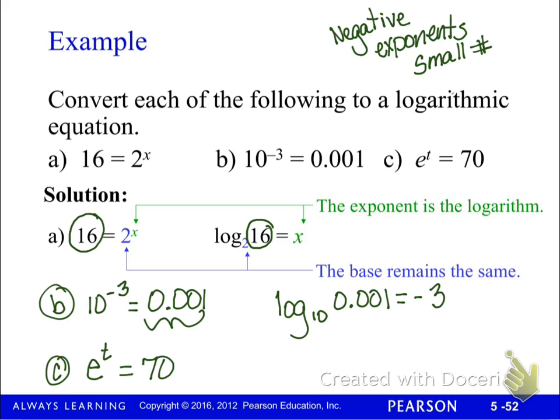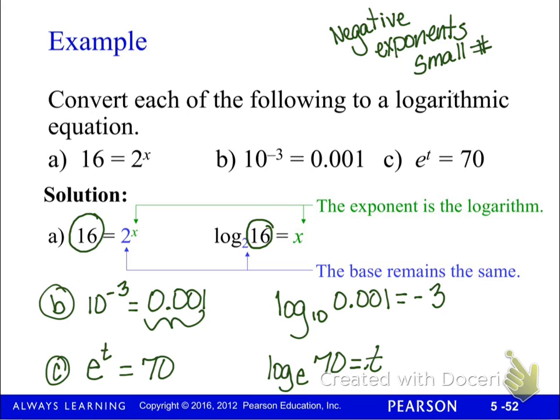So our base here is e. So this is going to be log base e of 70 equals t.